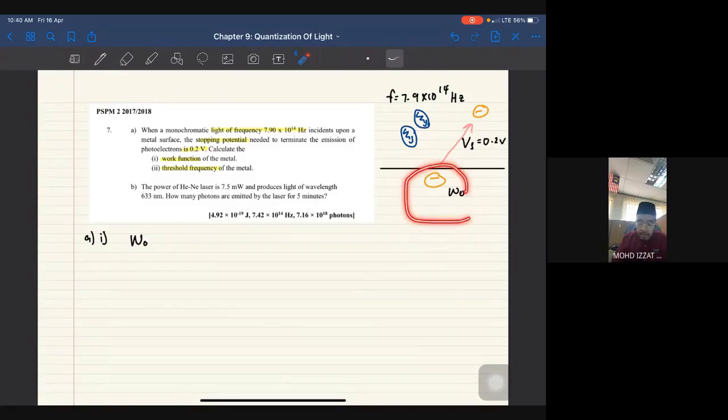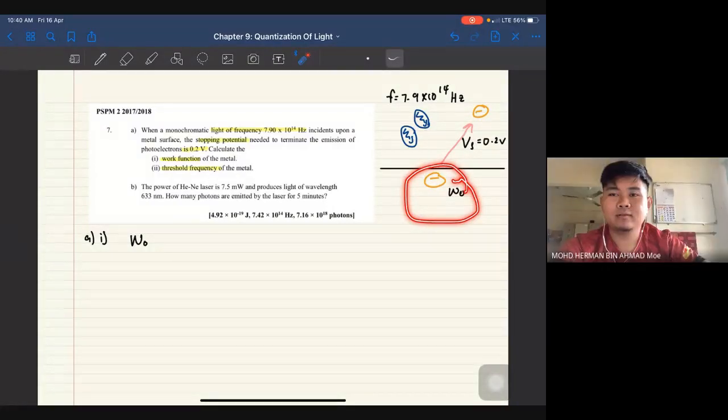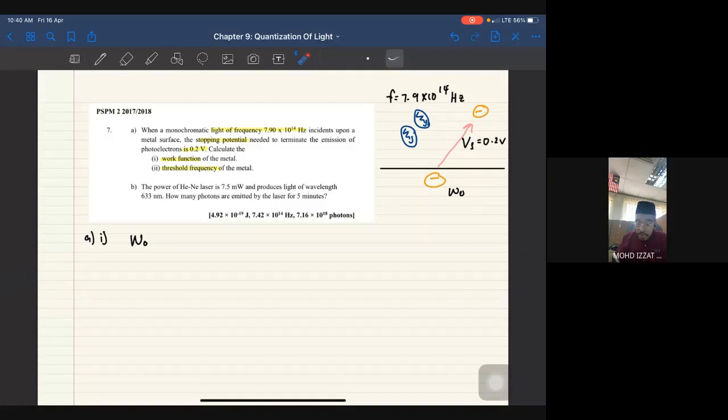Did you see any other information down here? Yes or no? No, sir. Right? So you basically don't have any values over here. If you have a certain value like frequency or wavelength, you can calculate using hf or hc over lambda. But since you don't have any values over here, which formula do you need to use?